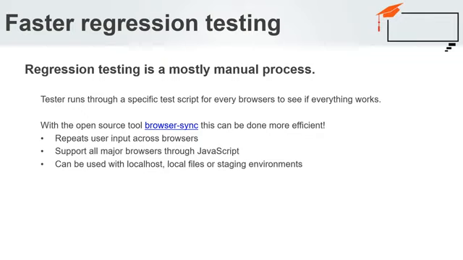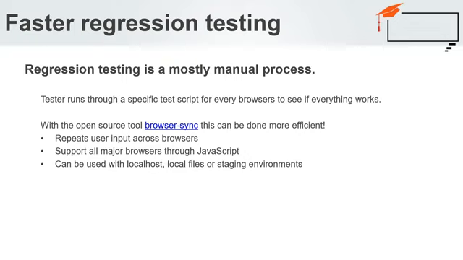And this is mostly a manual process, so there is someone sitting at the computer, opening the browser, running through all the features, testing them, opening the next browser, and so on, and so on, which is not that fascinating of work. Luckily, there's a nice tool available which is called BrowseSync, which can help you do this much more efficiently.